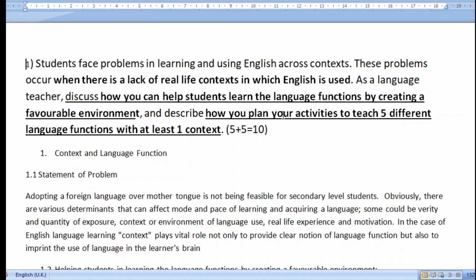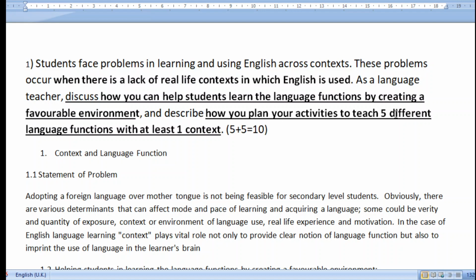And describe how you plan your activities. First you have to give certain techniques, models and methodologies. But in the second part, you have to give your plan, like a lesson plan, that is, plan your activities to teach five different language functions.